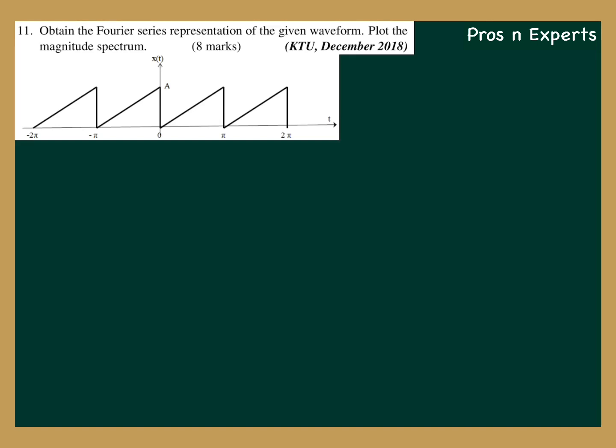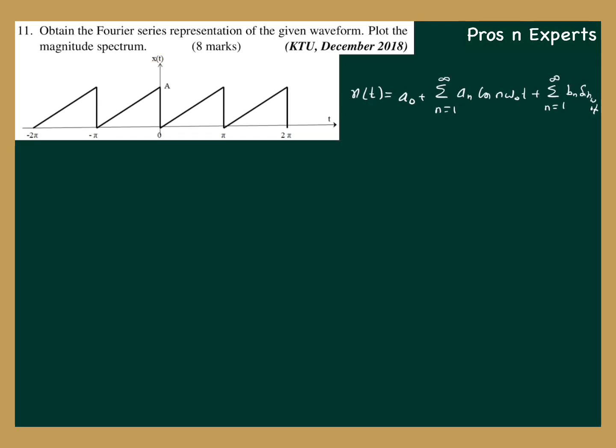Heavy integrals are there. Trigonometric Fourier series represents x of t as a0 plus sigma n equal to 1 to infinity an cos n omega 0 t plus sigma n equal to 1 to infinity bn sin n omega 0 t.